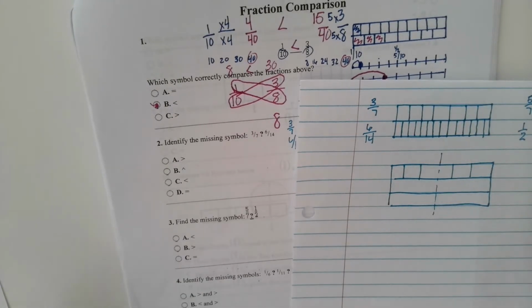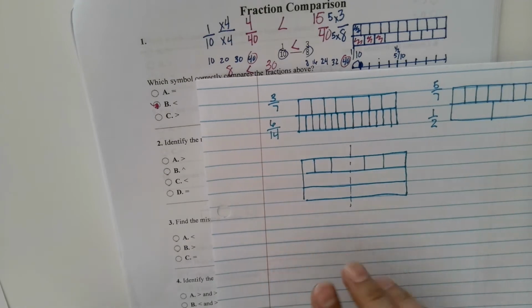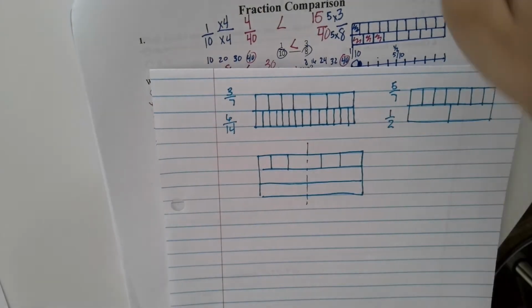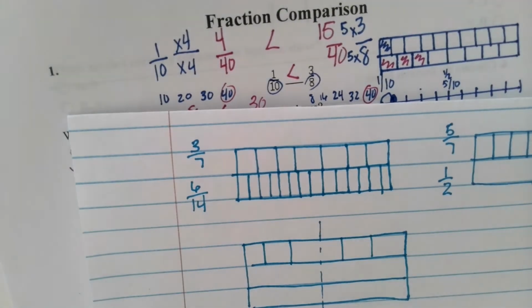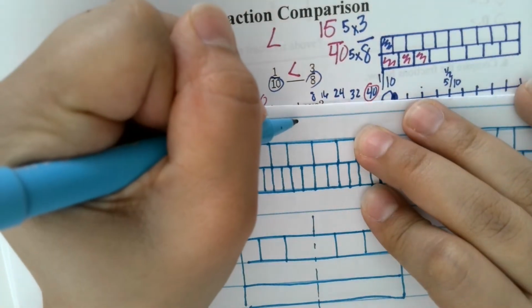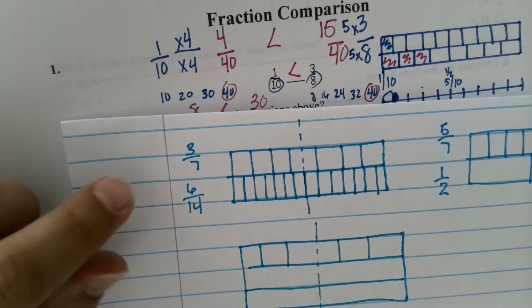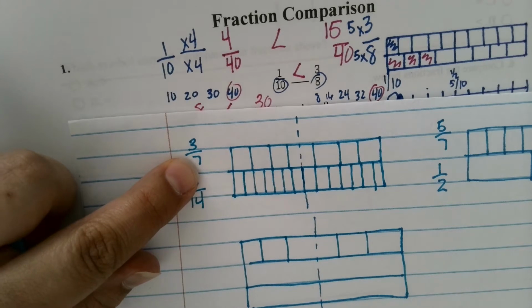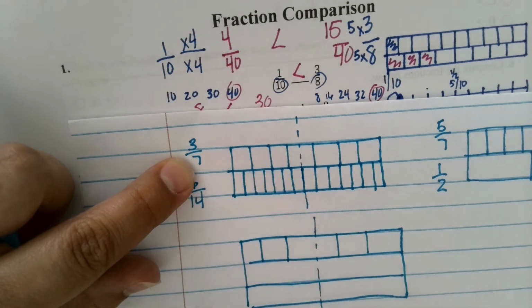So if I look at my first problem, it's 3/7 and 6/14. I already went ahead and drew it. When you're drawing out your tape diagrams, it's always important to note where your halfway point is. So this would be my halfway point. And it's a little harder to do when you have an odd number as your denominator. Why? Because you can't really divide 7 in half, right?